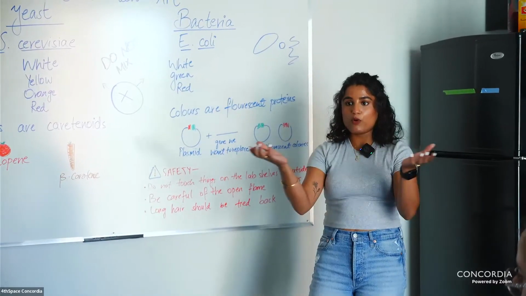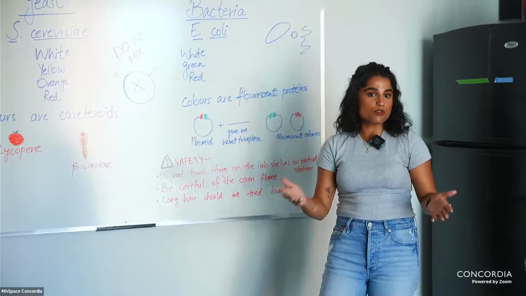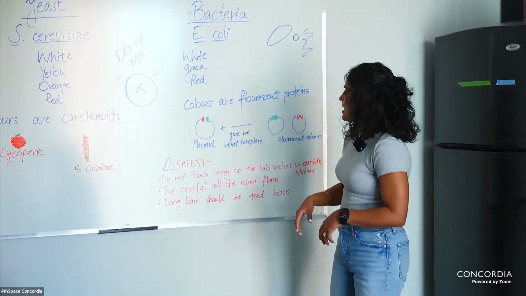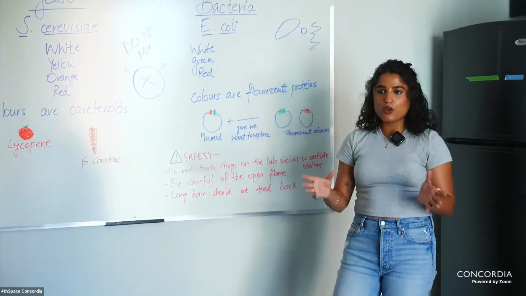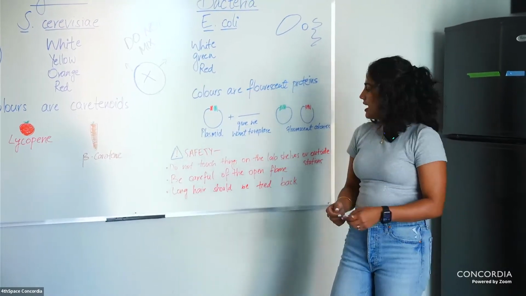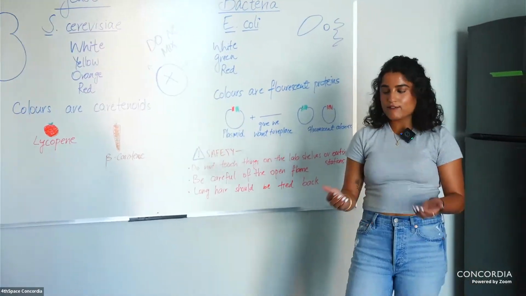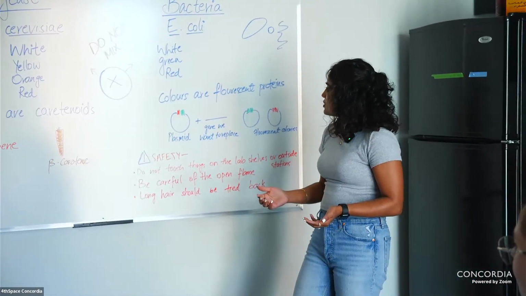So any airborne contaminants will not fall onto your plate and grow, because you don't want that happening. Anyone with long hair should have their hair tied back, which I think you guys already do. We will give you gloves to wear in the lab. You already have your lab coats on, which is great.